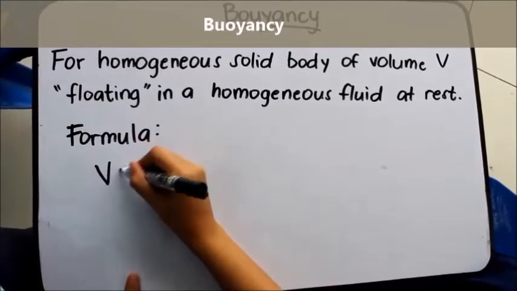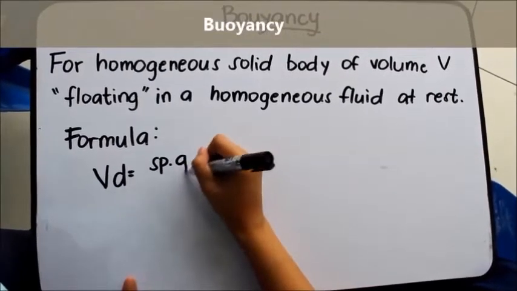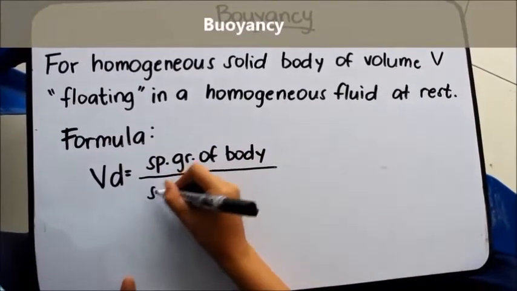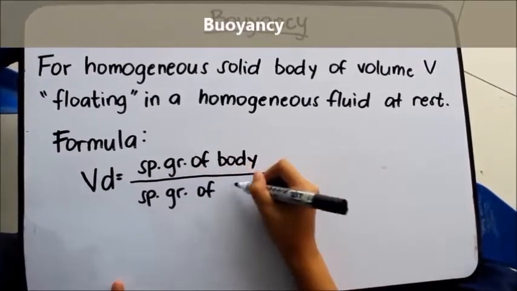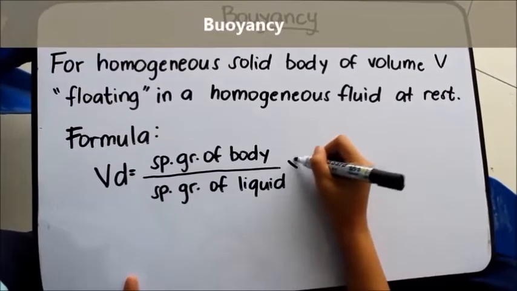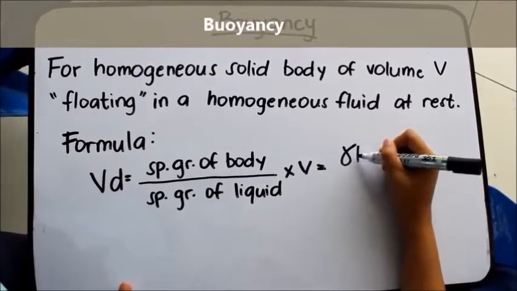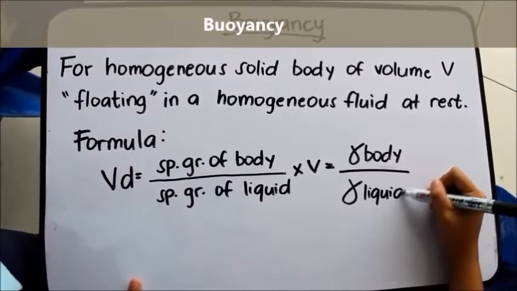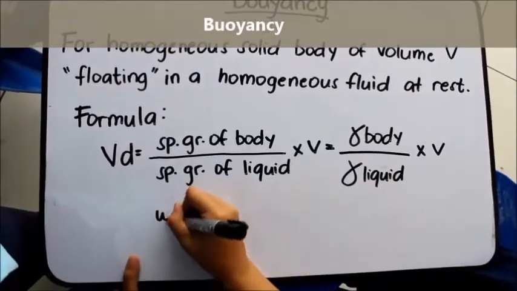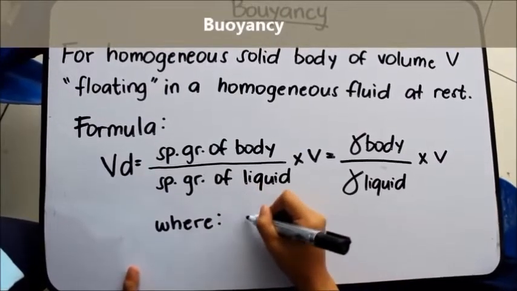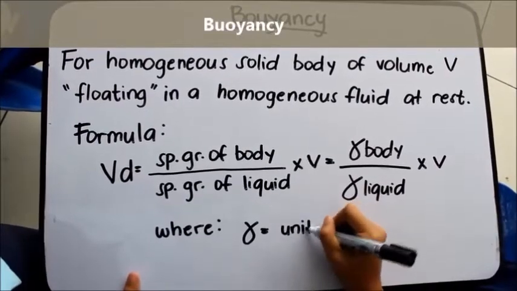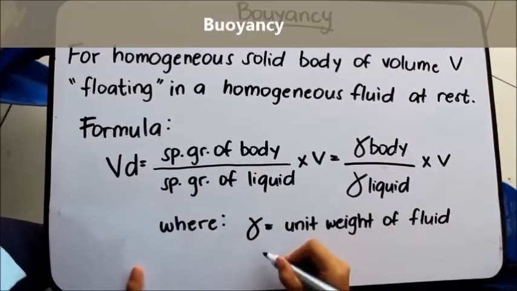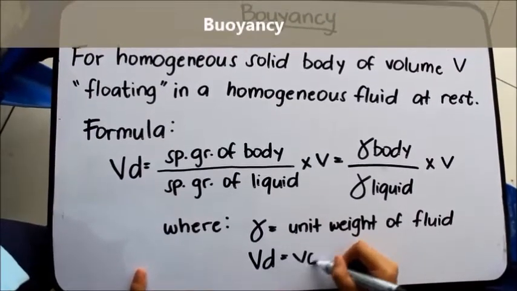So, this is the formula: Vd equals specific gravity of body over specific gravity of liquid, times the volume, or equals unit body over unit liquid, times the volume, where unit is the unit weight of fluid and Vd is the volume displaced.